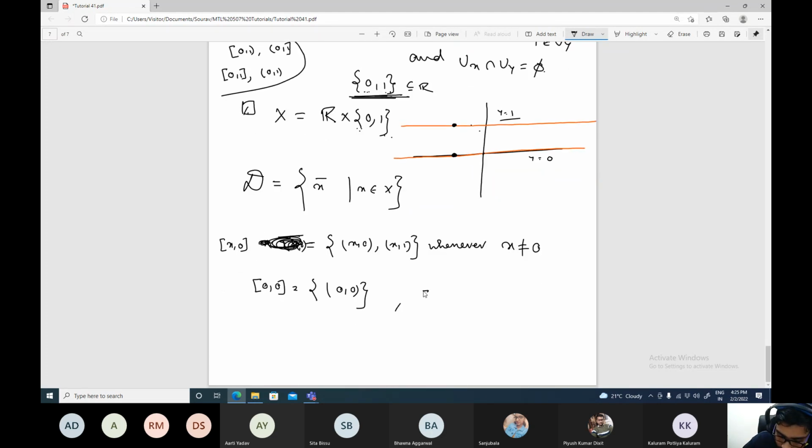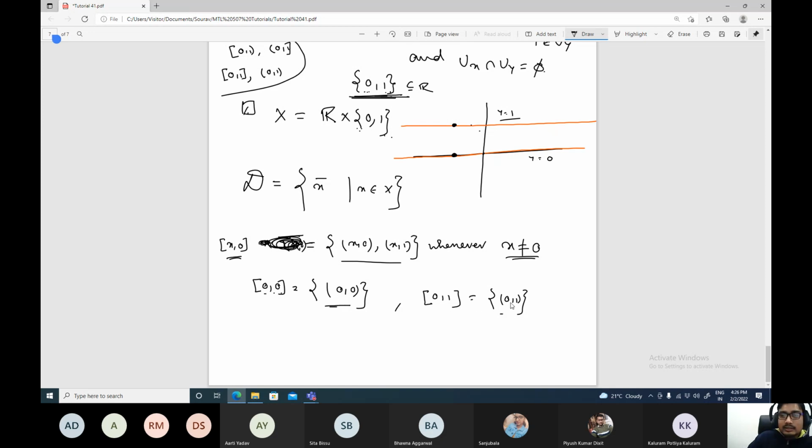But for x equal to 0, the point (0,0) will be a singleton set, and (0,1) will simply be a singleton set. Okay, see, for x not equal to 0, each class is a two-element set. But for x equal to 0, (0,0) is a singleton set.